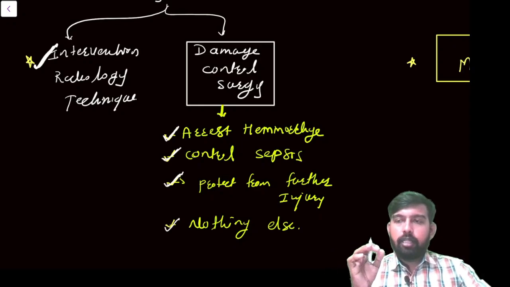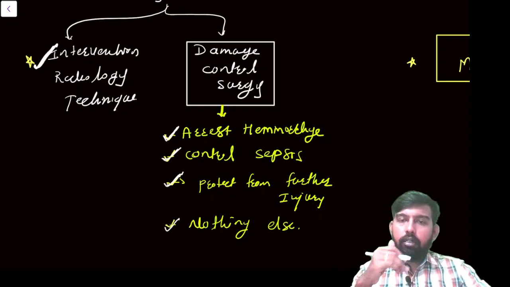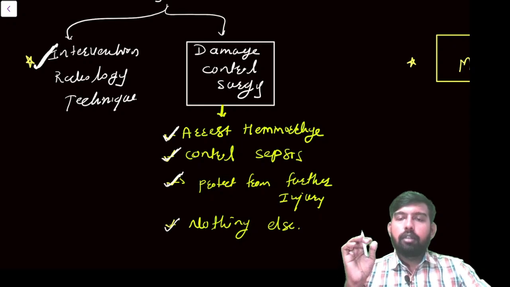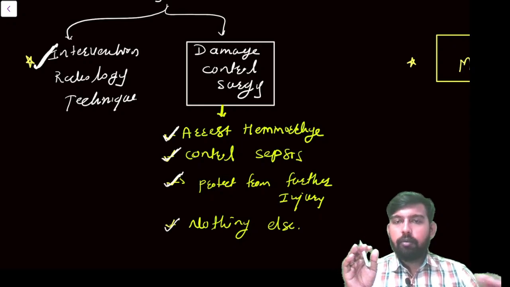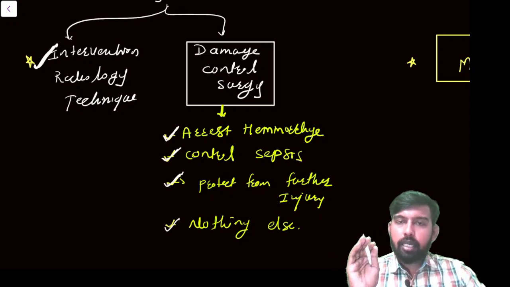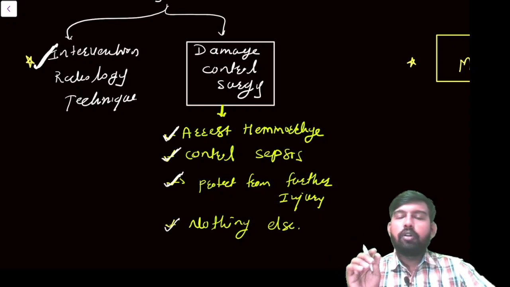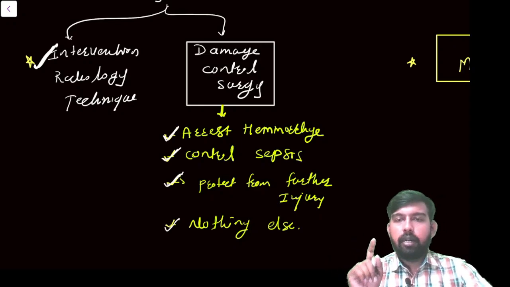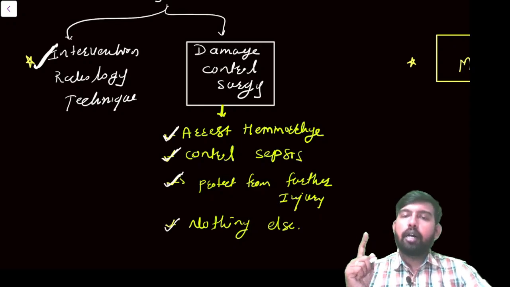For example, if there is a hematoma around the liver, initially multiple packs or mops are placed around the liver to reduce the blood loss. There is a temporary closure of the abdomen. The patient is shifted to the ICU.